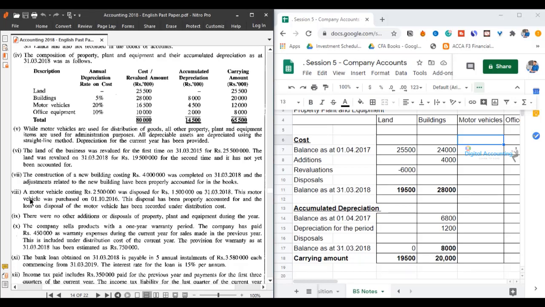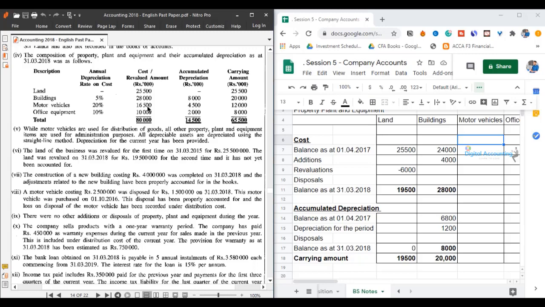So move on to additional information 8. A motor vehicle costing rupees 2.5 million was disposed for rupees 1.5 million on 31st March 2018. This motor vehicle was purchased on 1st October 2016. This disposal has been properly accounted for and the loss on disposal of the motor vehicle has been recorded under distribution cost.